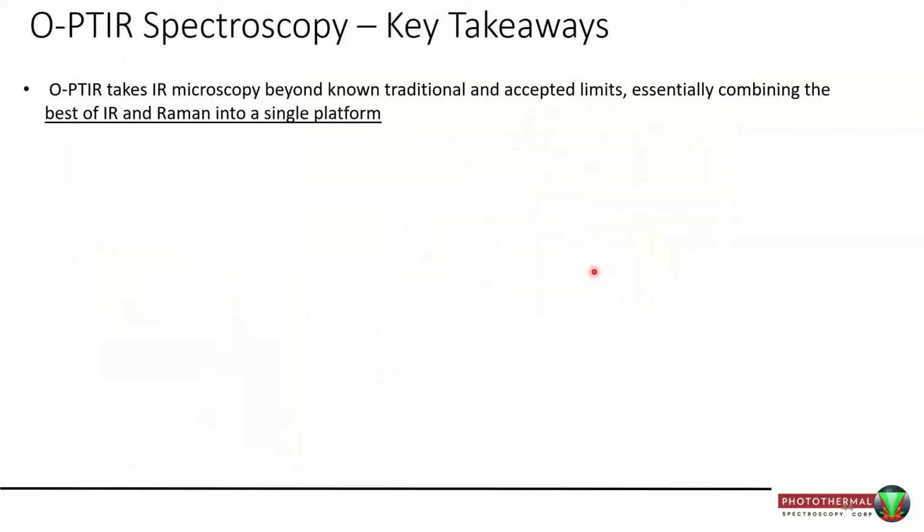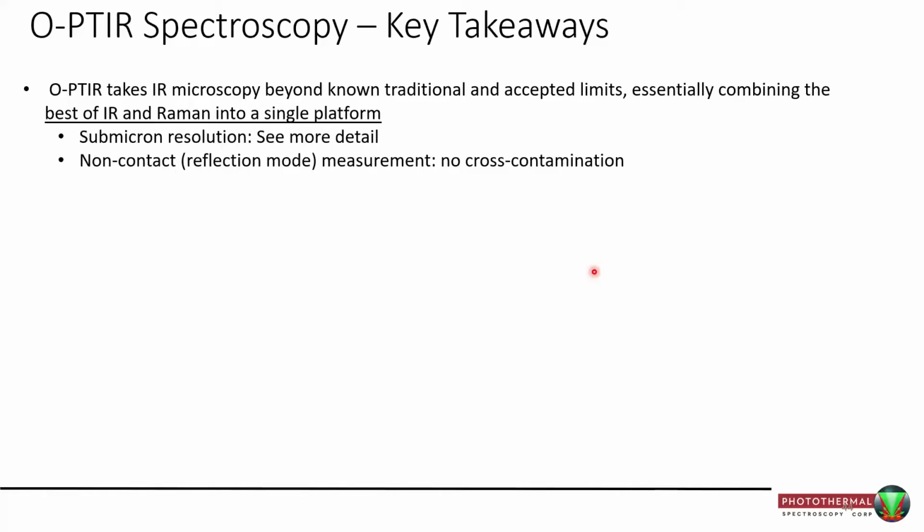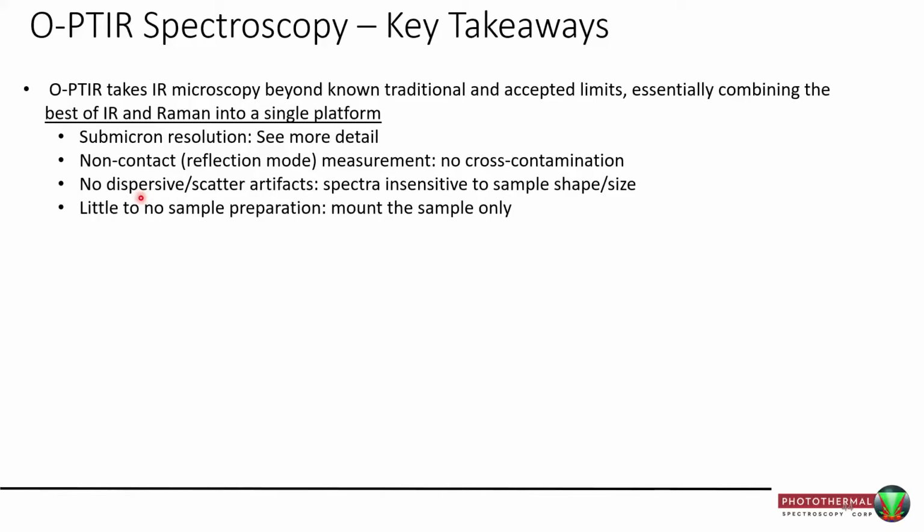All right, so really my clear takeaways is that with O-PTIR we're pushing infrared microscopy beyond these traditional and, I think, even accepted limitations. We're now combining IR and Raman into a single platform. Obviously with the submicron resolution you'll see a lot more. It's non-contact. You don't have any of these dispersive scatter artifacts which have been such an issue with biospectroscopy, and having to correct for all that Mie scattering.